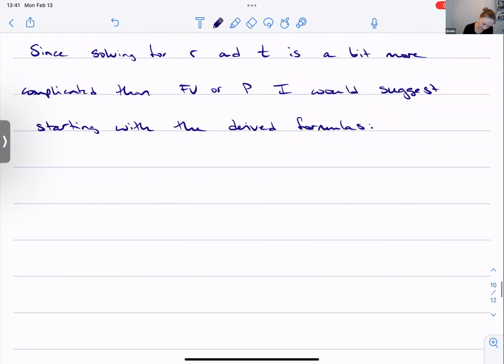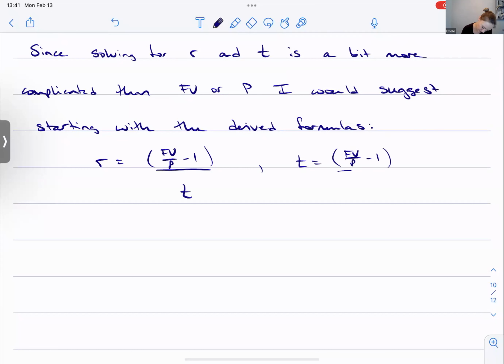So R is FV over P, all minus 1, divided by T, and T is the same, but FV over P minus 1 divided by R.